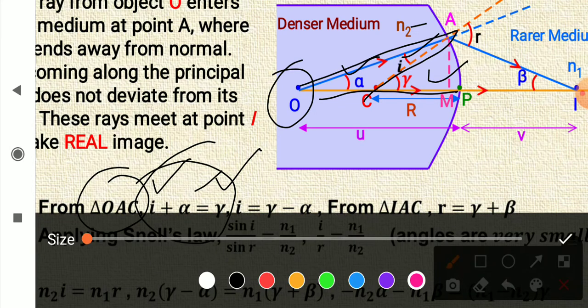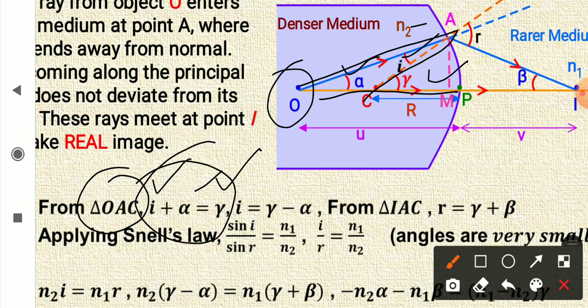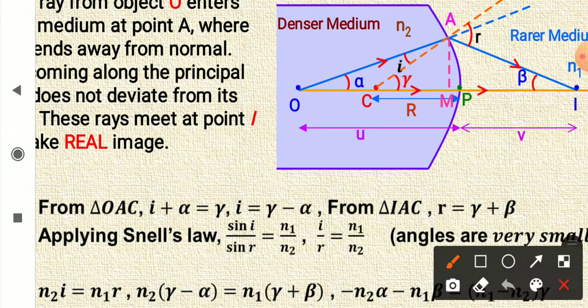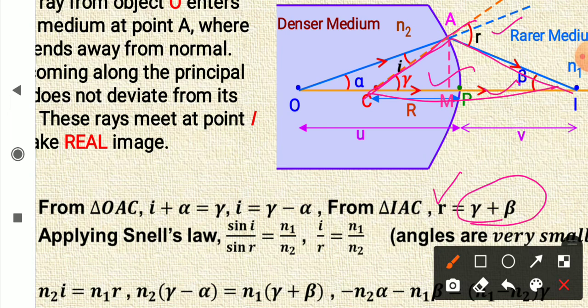And if you consider this triangle IAC, if I produce it like this, then this angle R is the exterior angle, and gamma and beta are interior opposite angles. So exterior angle R is equal to the sum of interior opposite angles, gamma plus beta.